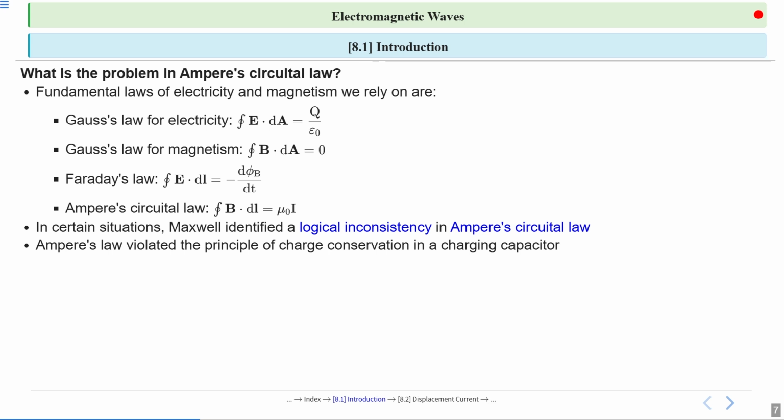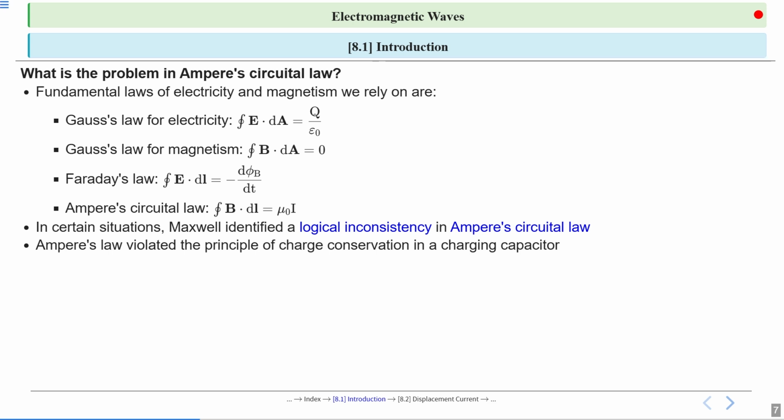But when it reaches one plate of the capacitor, after that there is a space between the two plates of the capacitor. Inside that space there is a magnetic field, but there is no current. How is that magnetic field coming?